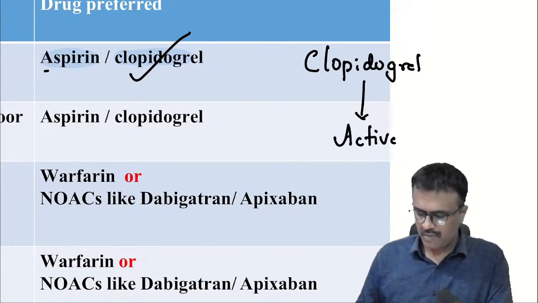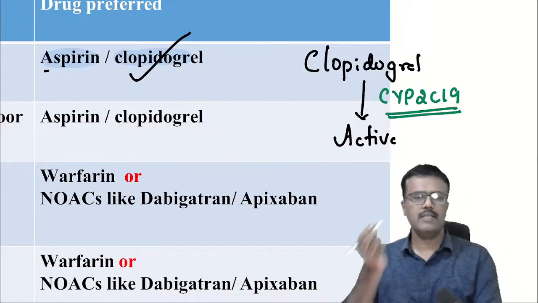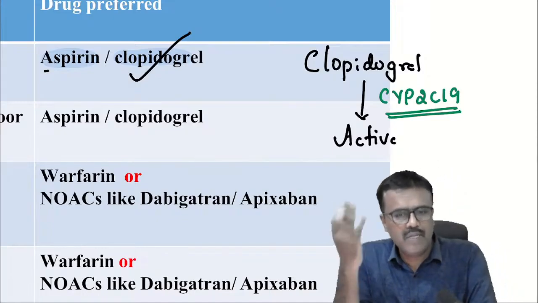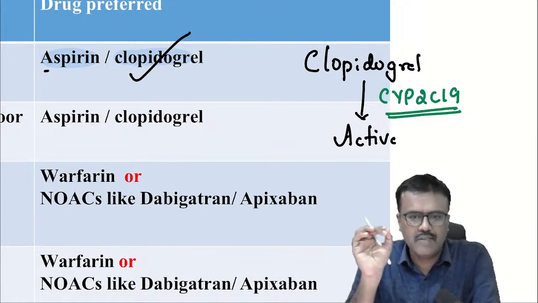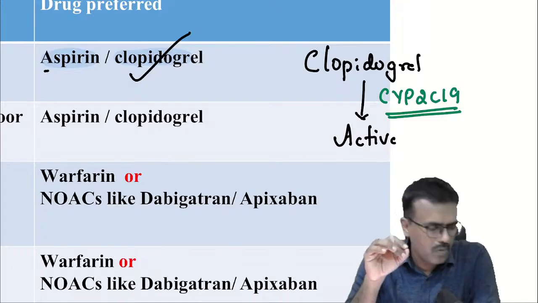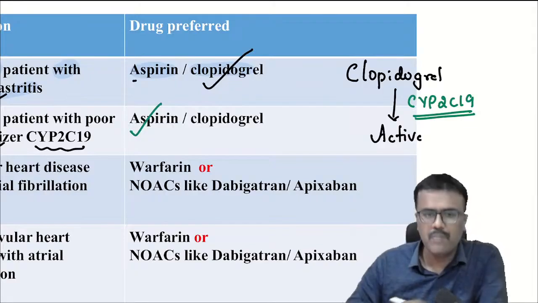To make it active, we require enzyme cytochrome 2C19. Enzymes are protein. Proteins are genes. Suppose somebody has problem in these genes. Will the clopidogrel work? No, they are called poor metabolizers. So that is why in this patient I will prefer aspirin.